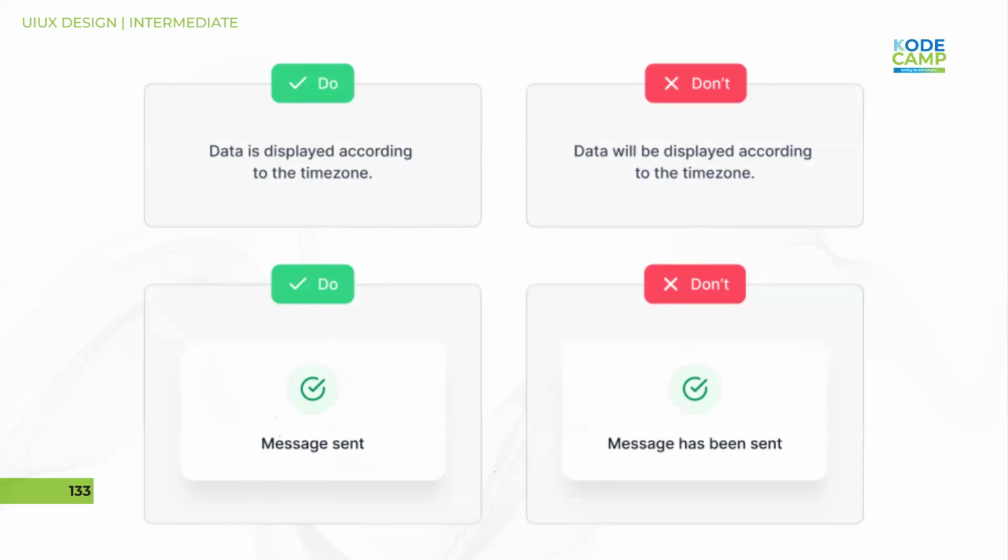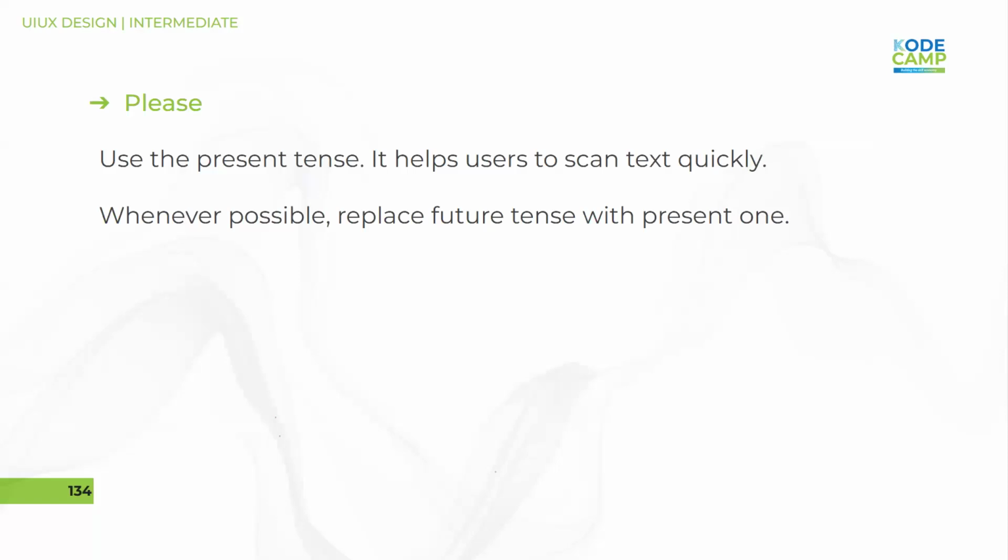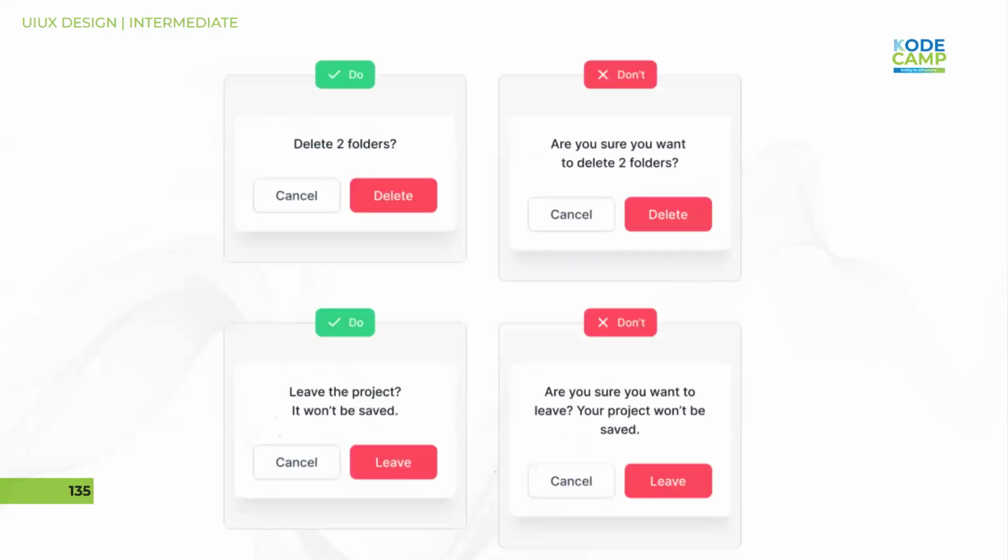It is present tense telling users, yes, this is what has been done. So the use of the word please, avoid it. Delete two folders. Are you sure you want to delete two folders? Delete two folders is fine. Leave the project. It won't be safe. That is fine. Are you sure you want to leave your project to be safe? Most people use this a lot.